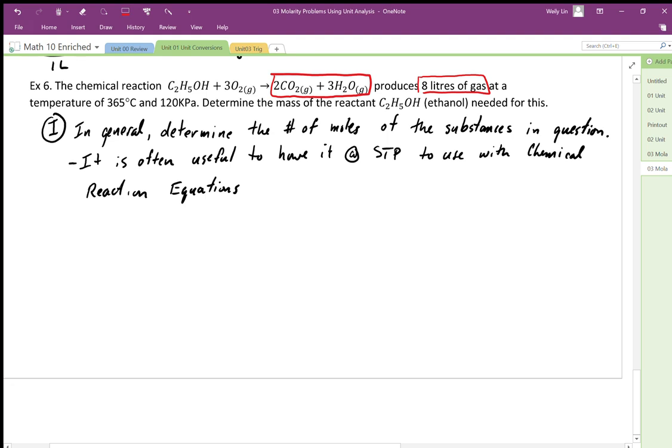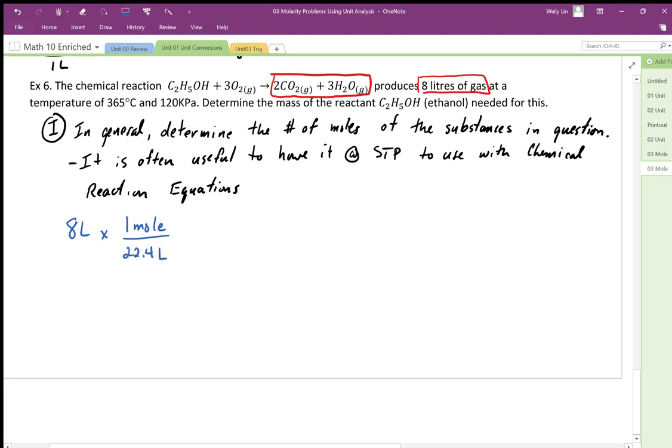Okay, so our first thing then is we're going to convert those 8 liters of gas. I have to start with 8 liters of gas, and I'm going to convert that into moles of the products. There's 1 mole for 22.4 liters of gas.